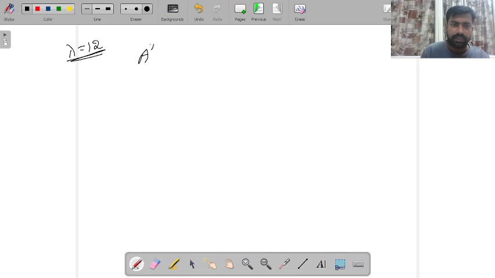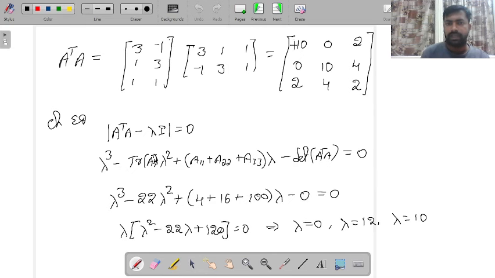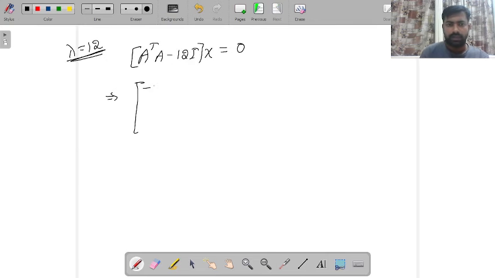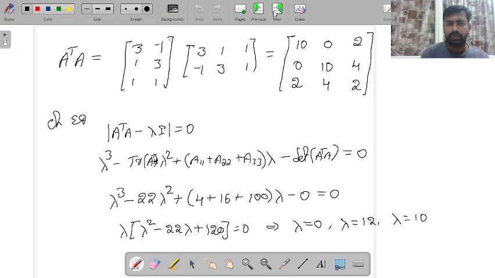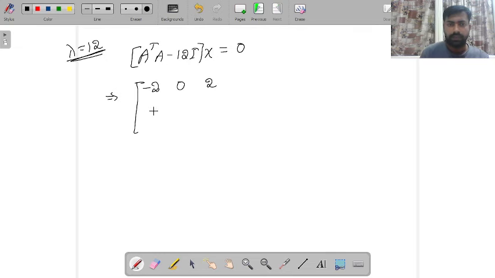So it means I need to see A transpose A minus 12 times identity multiplied with x equal to 0. So what is A transpose A? 10 minus 12 will give me negative 2, and this is 0, 2.